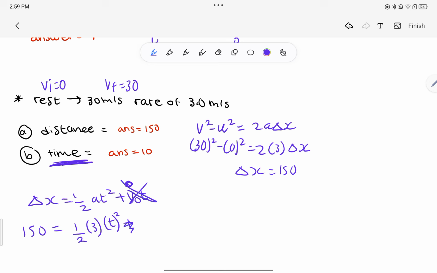So t is equal to, let me just check. Yeah, you will get 10.